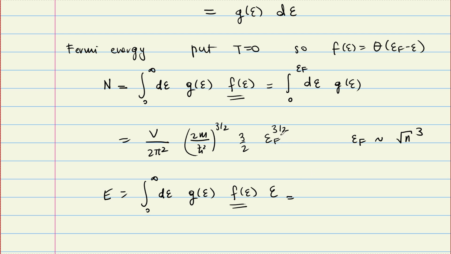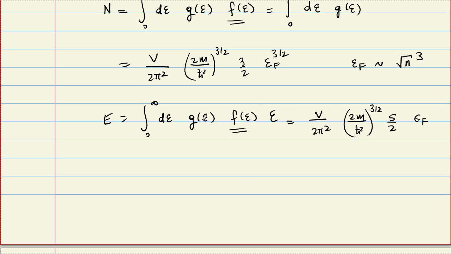Rather than square root of epsilon, you are going to integrate epsilon to the power 3 over 2. And the result is V over 2 pi squared, (2m over h bar squared)^(3/2), 5 over 2 E Fermi.